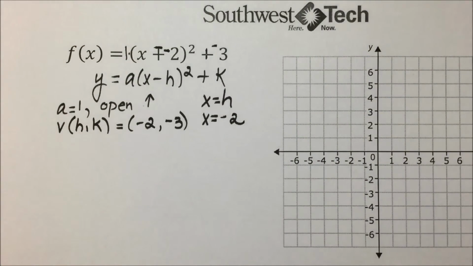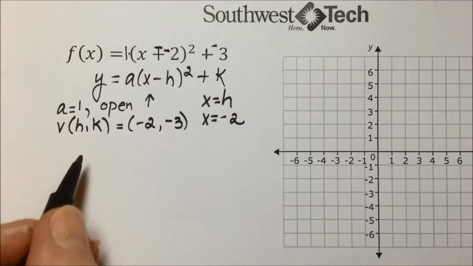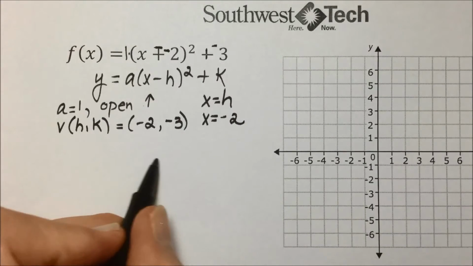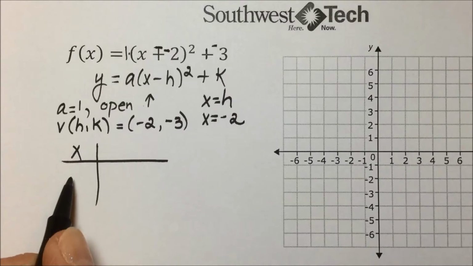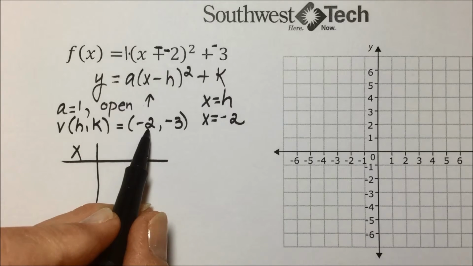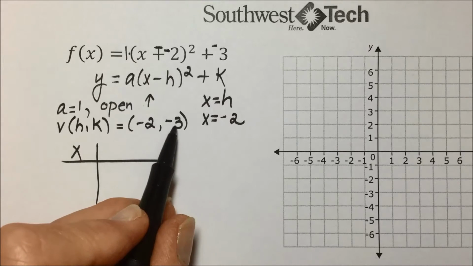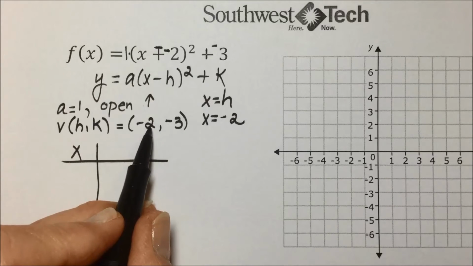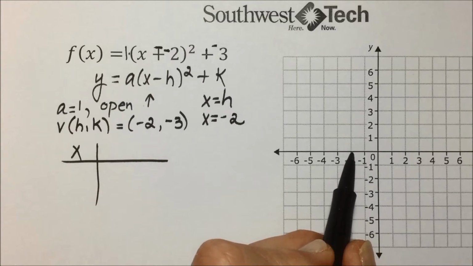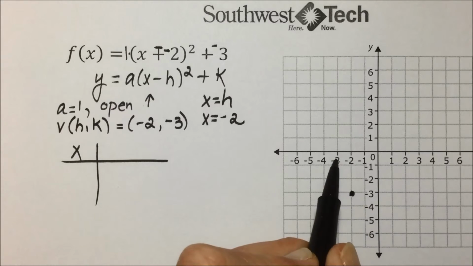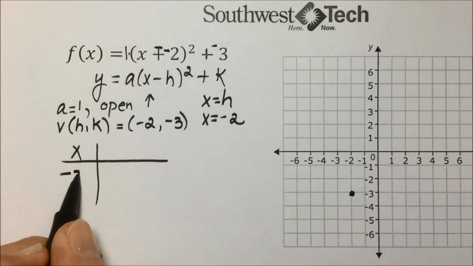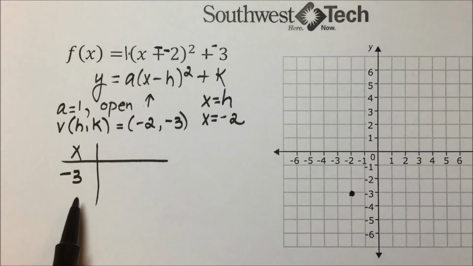Plugging in a couple values then for this parabola, since our vertex is at (-2, -3), let me graph that, (-2, -3). I want values on either side of it, so I'm going to let x equal -3 and see what we end up with.